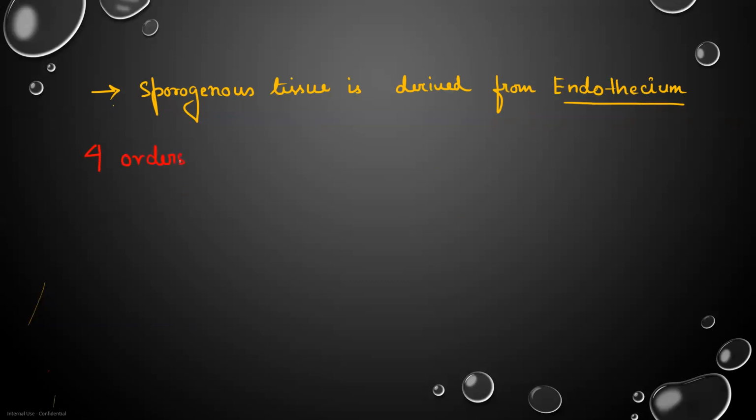Hepaticopsida has 4 orders. What are they? Sphaerocarpales, here you have Sphaerocarpus as an example.